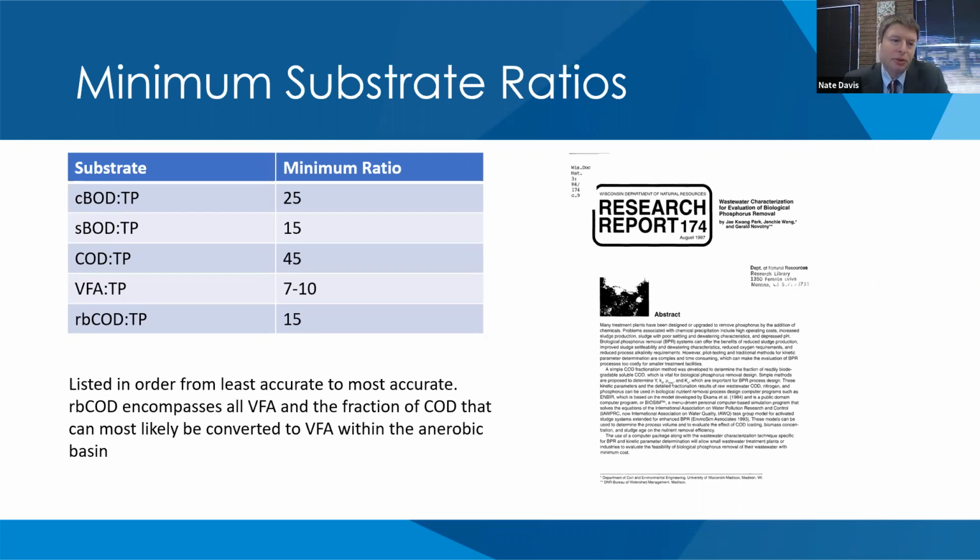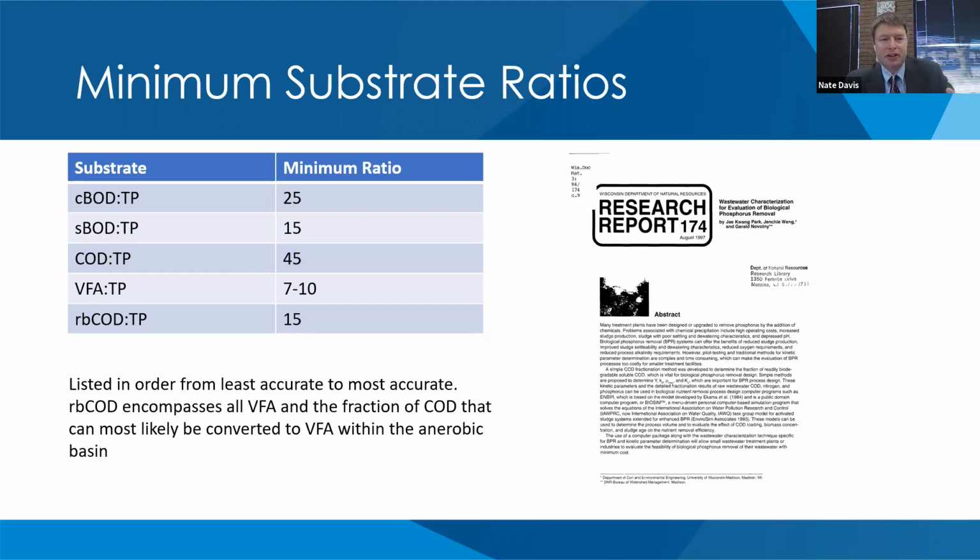So as you can see, we can try and guess at the ratios of carbon to phosphorus using some of our conventional means of measurement. Just based on historical CBOD data, we can say, if you've got more than 25 milligrams per liter compared to the 1 milligram per liter of phosphorus, you're probably going to be in pretty good shape.